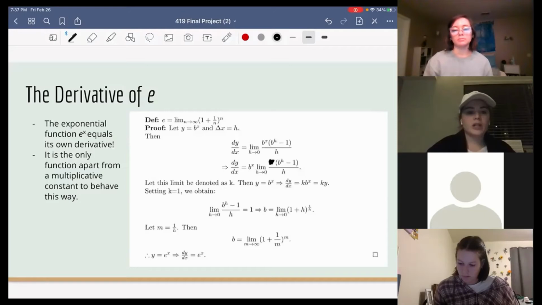Now, if we denote this limit as the letter k, then we observe that if y equals b to the x, then dy over dx equals k b to the x, which then equals k y.